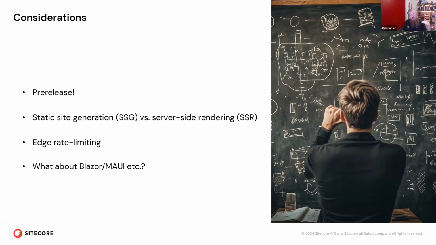When I showed the 3 layers before in the architecture for the SDK, the GraphQL layer and the model binding layer would most definitely be shared when we implement another rendering engine. We just have to rebuild the tag helper layer and the rendering engine for Blazor or Maui or whatever it is. And it's all open source. So if someone in the community wants to build a Maui rendering engine, that'd be pretty cool.